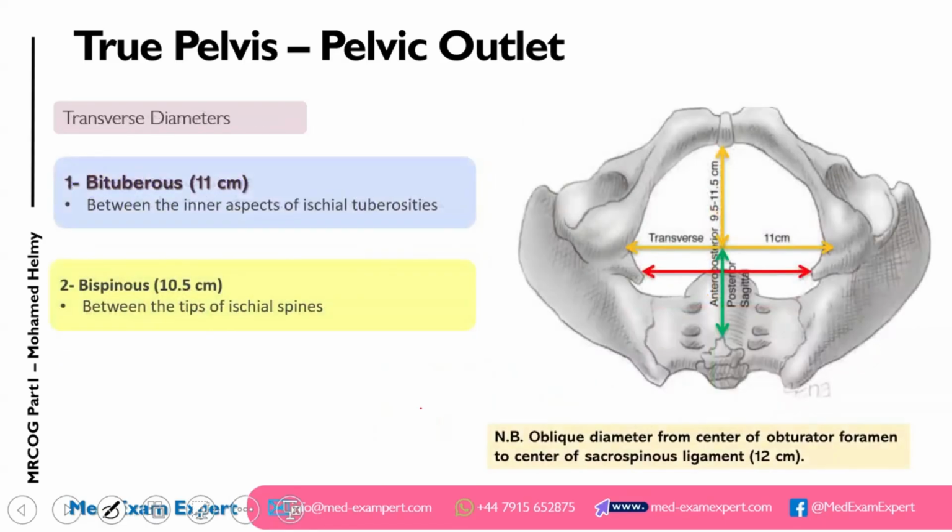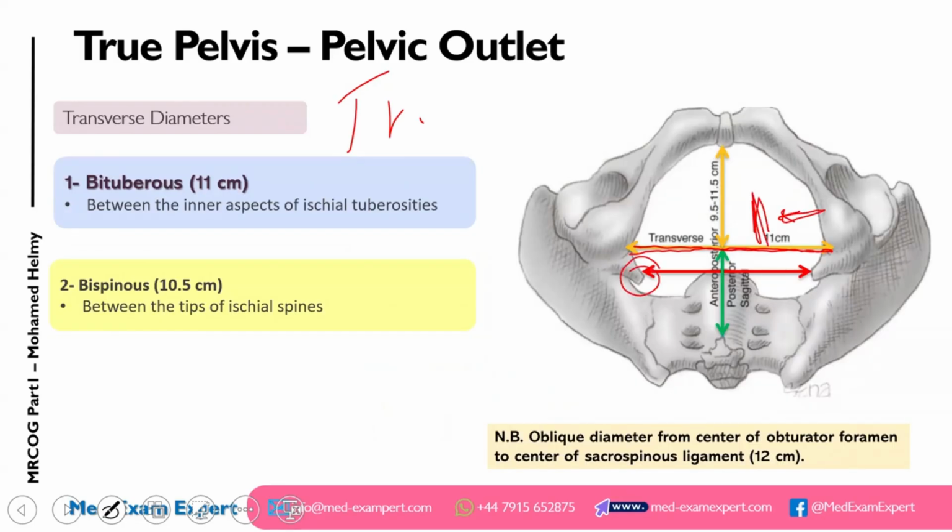Now we have two other diameters, okay? These are two transverse diameters. One joining the two ischial tuberosities, and that's what we need to remember, 11 centimeter. Sorry, this one is the widest one, 11 centimeter.